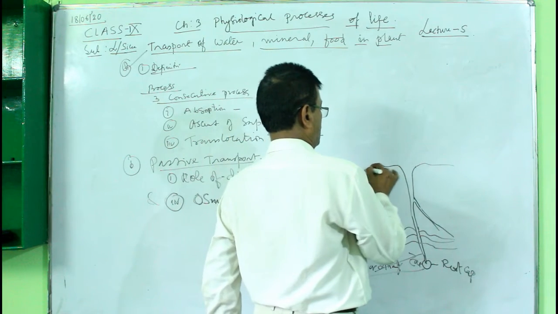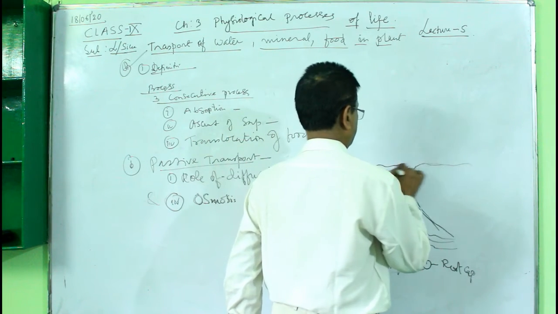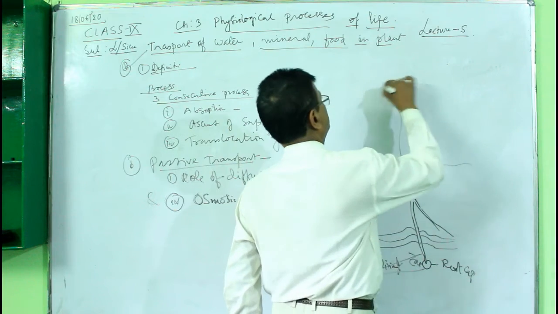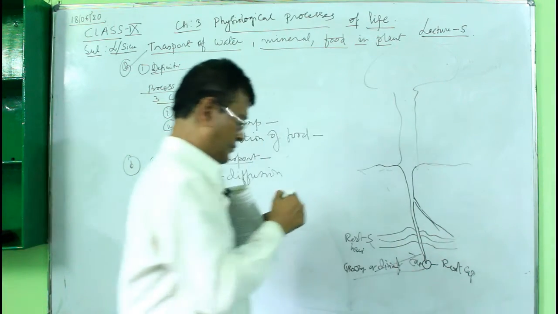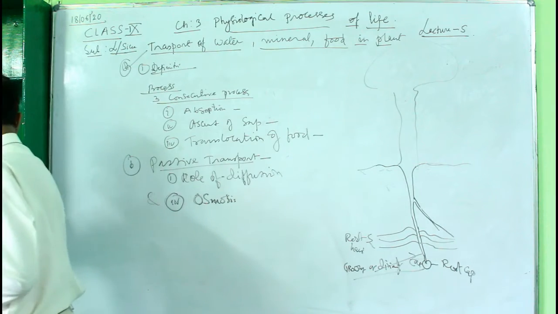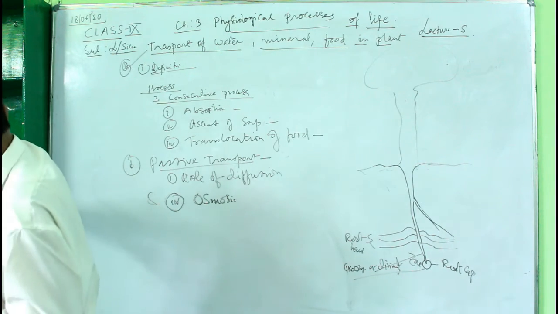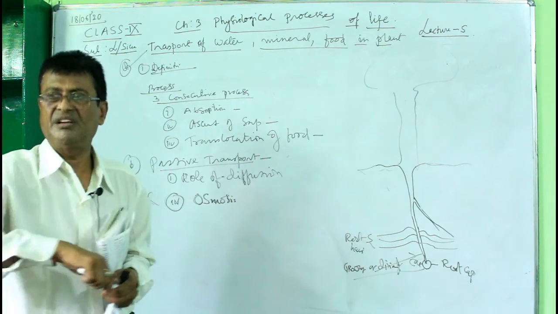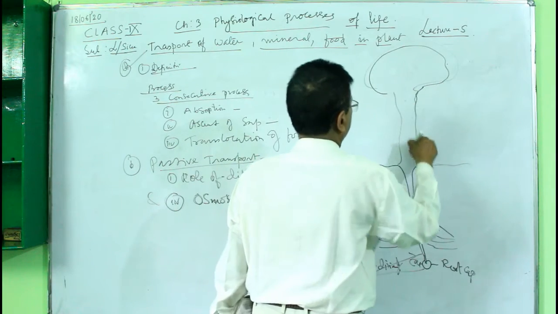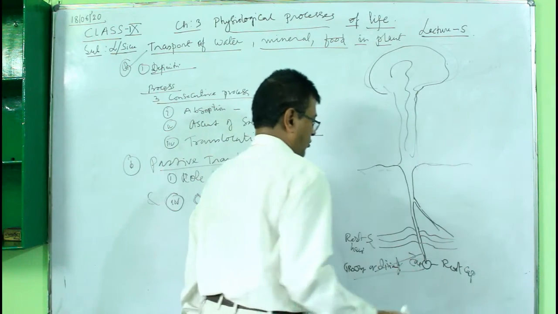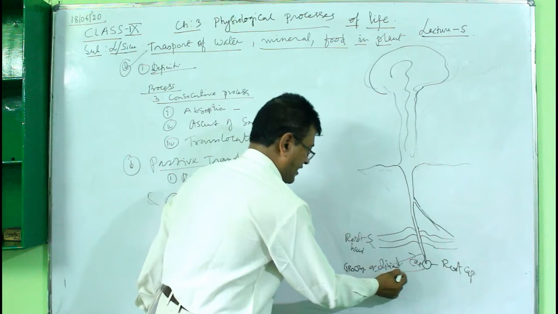What is the meaning of growing and dividing zone? Suppose this is the plant. Now, what is the importance of this dividing zone?